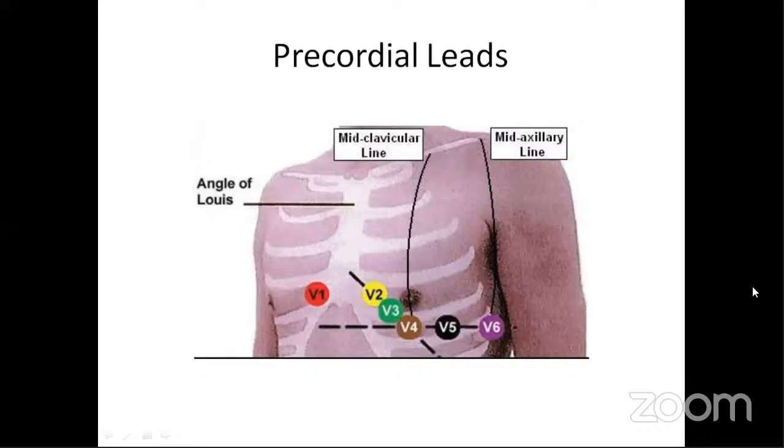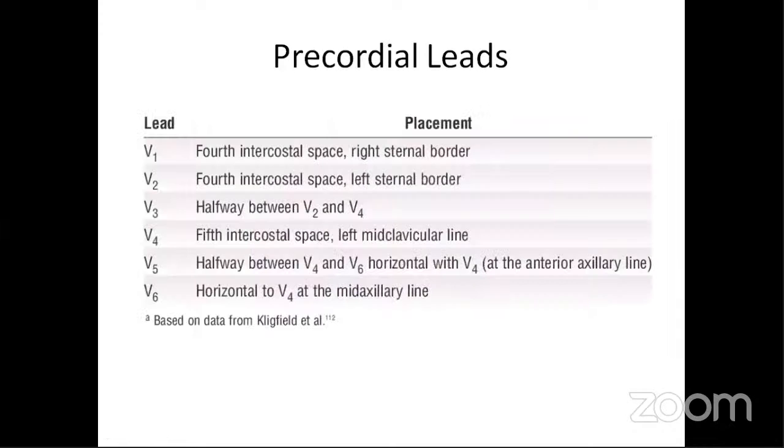And precordial leads: there are 6 leads, V1, V2, V3, V4, V5, and V6. This is the mid-clavicular line and mid-axillary line. V1 is placed at the 4th intercostal space at the right sternal border.